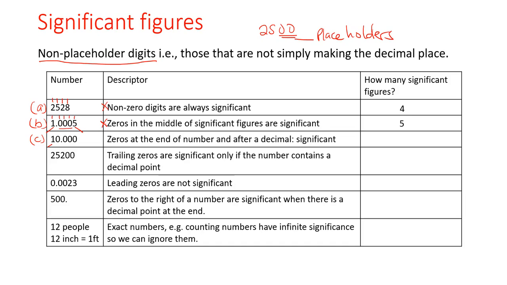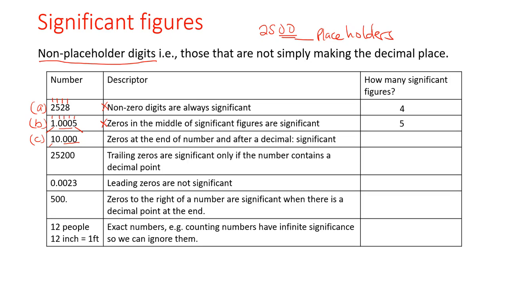These zeros here are significant. They are significant because we have a number here, and then we also have a point. If we did not have a point, it would be a different case. But we have a number at the beginning, and we have a point in between, and all the zeros after that point are significant.